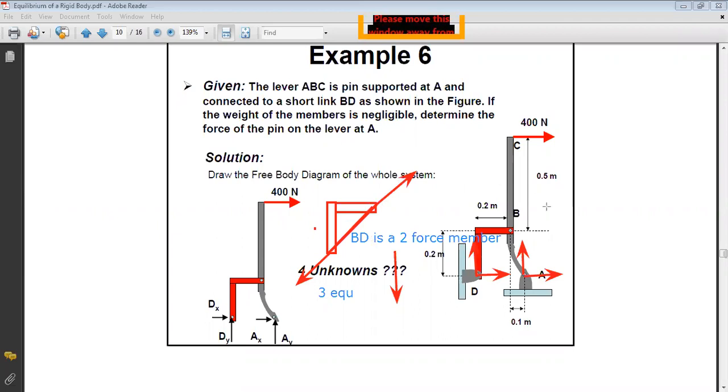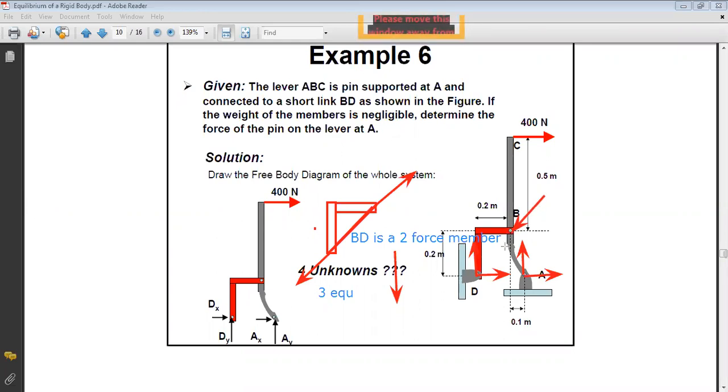So now, if you take member ABC, by the principle of action and reaction, if you assume that here the force is up, then by action and reaction, here the force will be downward, and directed along which line? Directed along BD.